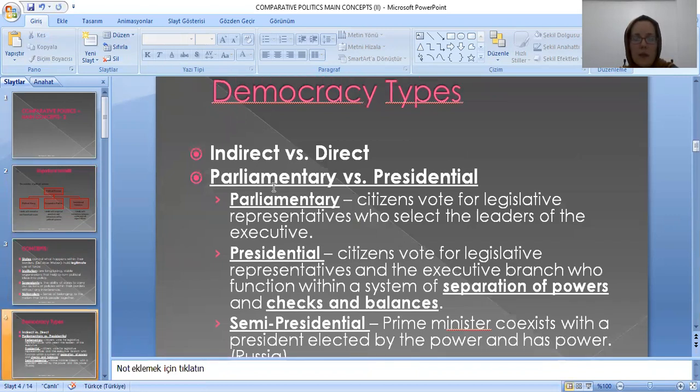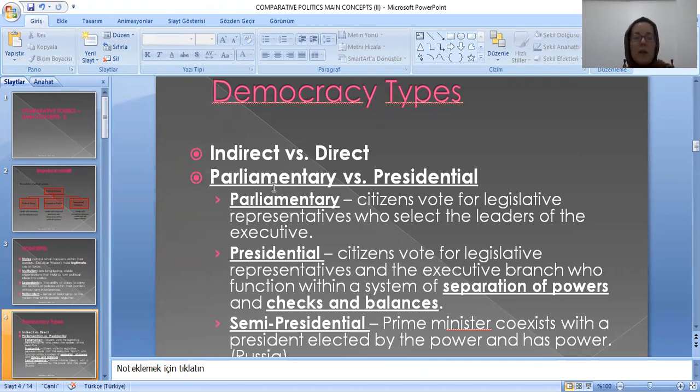Democracy types. In the ancient Greek times there was direct democracy. Also, indirect democracy is another term that we know. Parliamentary versus presidential democracies exist. Parliamentary democracy means that citizens vote for legislative representatives who select the leaders of the executive branch.